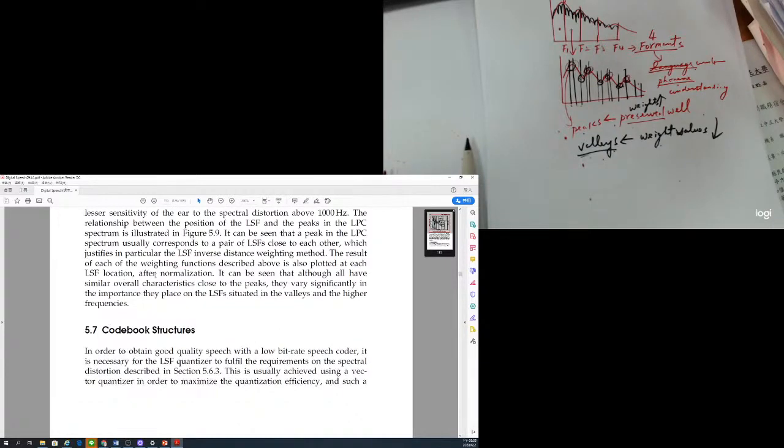Once we know how to calculate distortion, we consider how to design the quantization codebook.